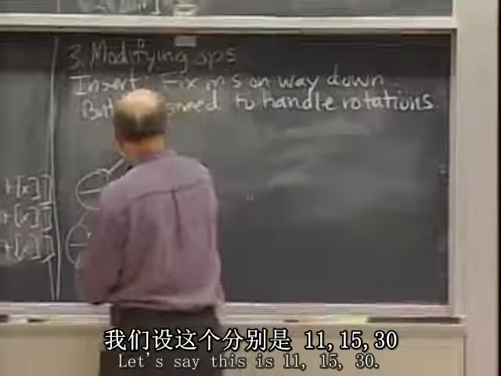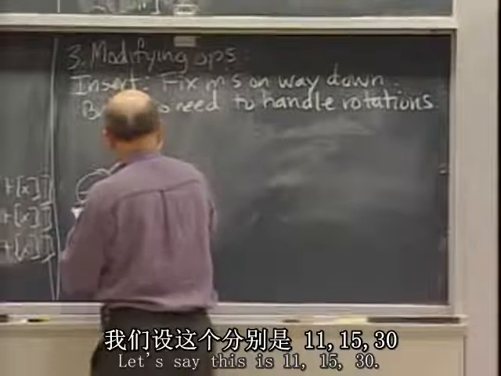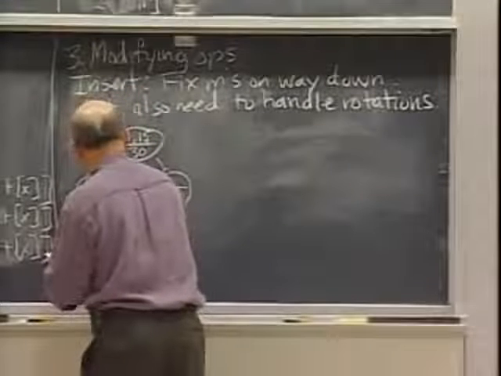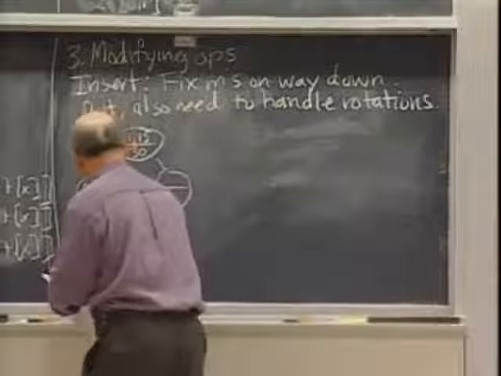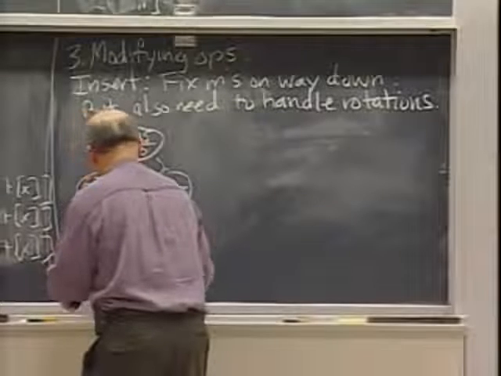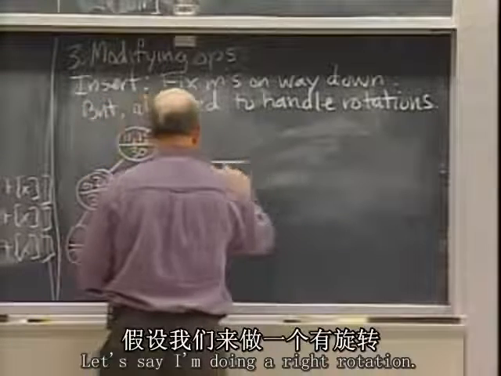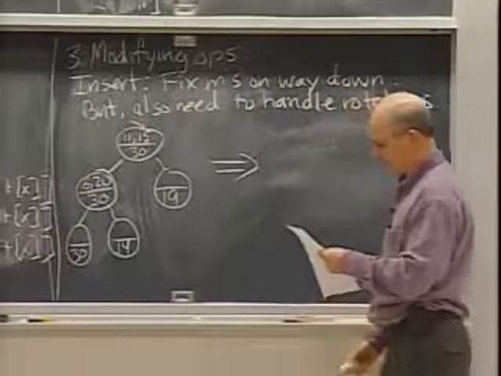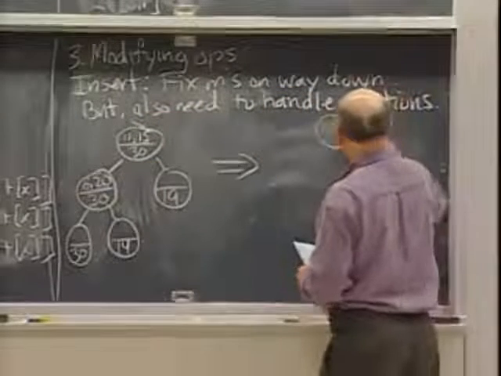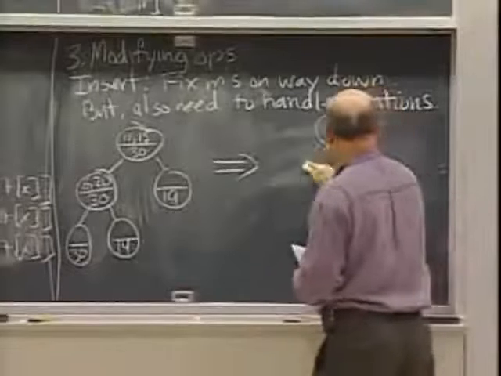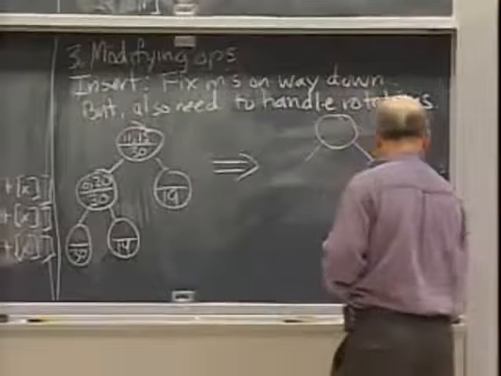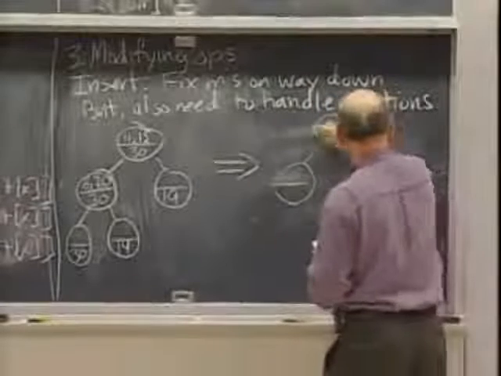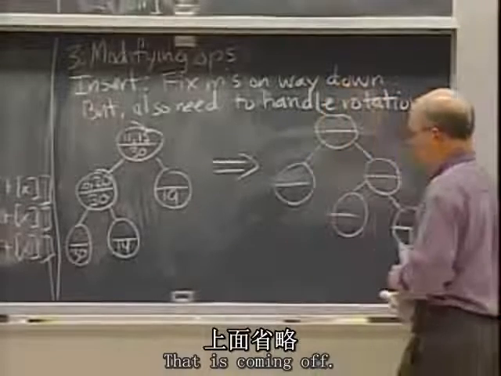So let's say this is 11, 15, 30. Let's say I'm doing a right rotation. This is coming off from somewhere. Okay, where that's coming off from.